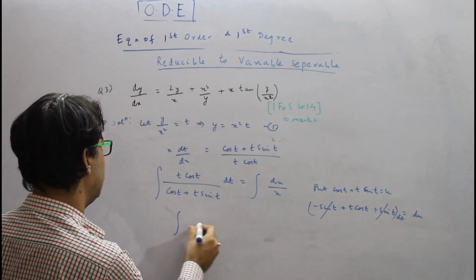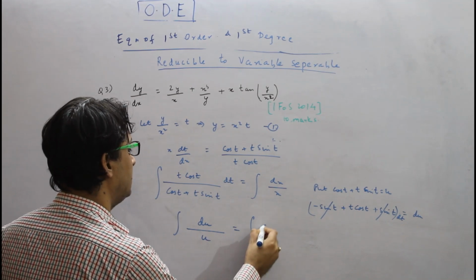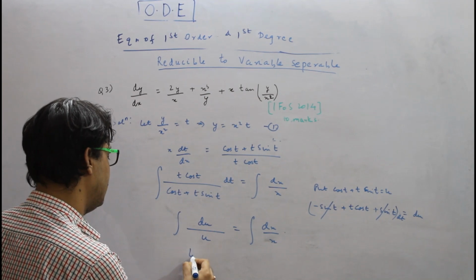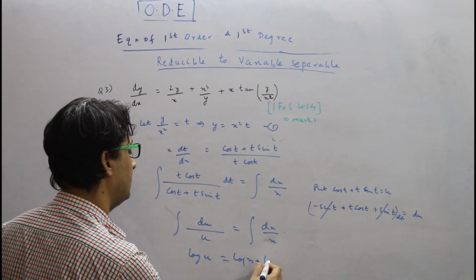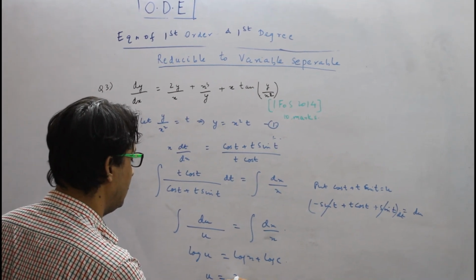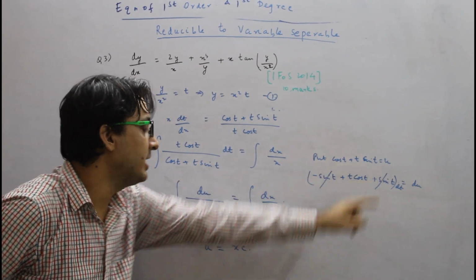So we can write this as du divided by u is equal to integral of dx by x. So we can write this as log u is equal to log x plus log of c. So we can write this as u is equal to x of c. What is our u? U is cos t plus t sin t.